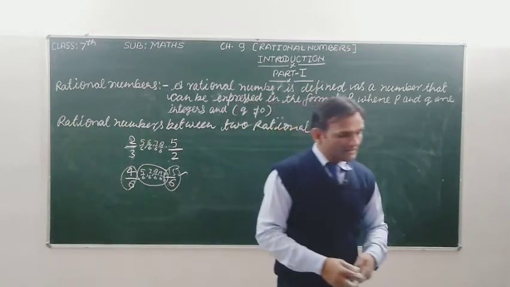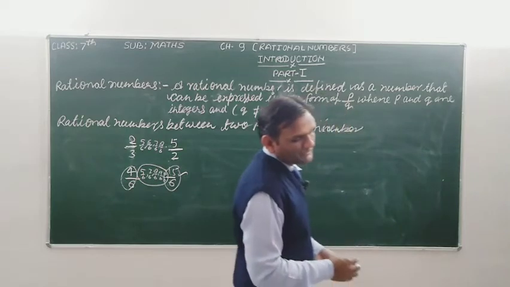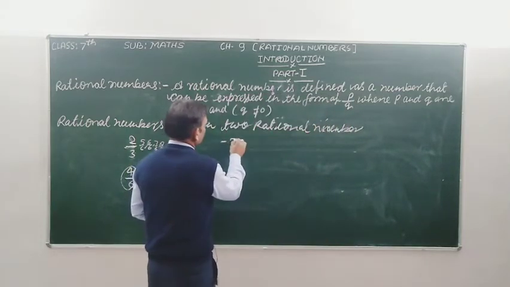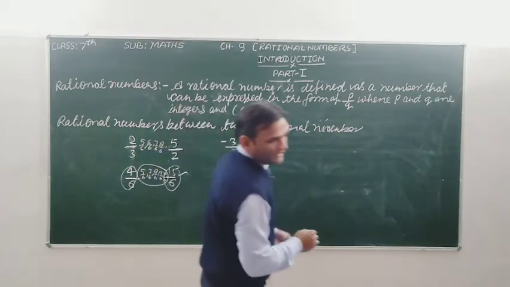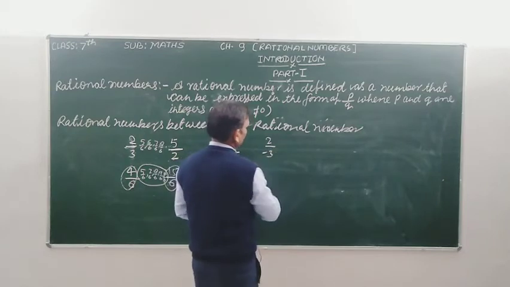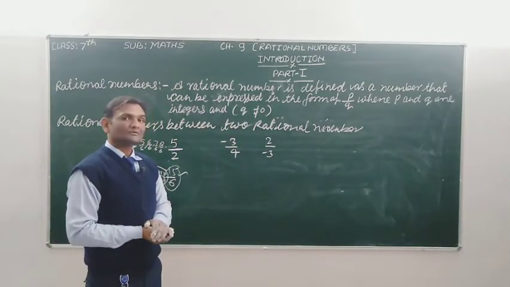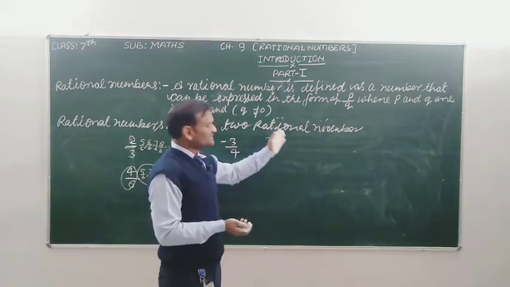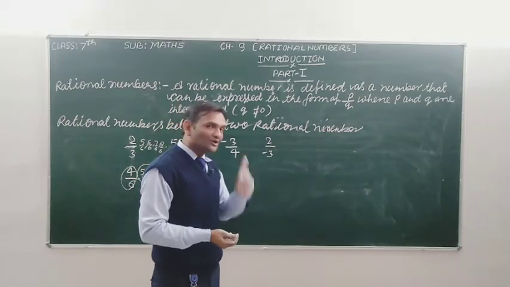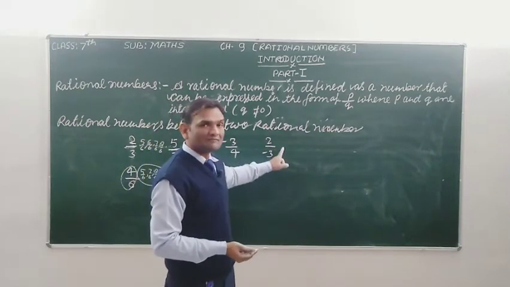I am taking negative rational numbers minus 3 upon 4 and 2 upon minus 3. Student, is this fraction in standard form?